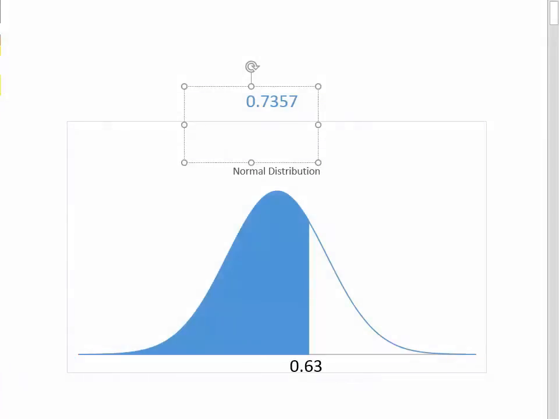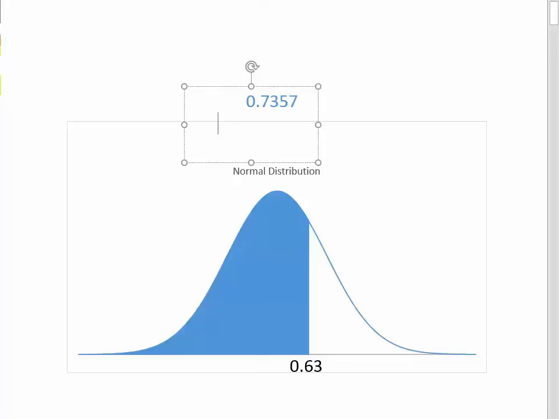Here I'm trying to use Excel to show the probability calculation in a little bit more visual fashion. The probability that the z value is less than 0.63 is 0.7357, and this picture illustrates that probability in the blue portion.